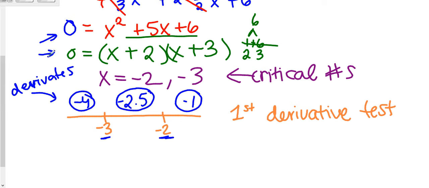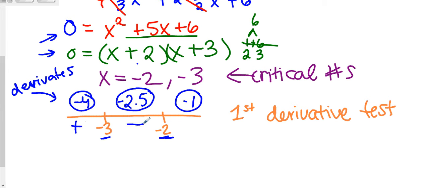When I plug in -4, I have -4 plus 2, which is -2, and then I have -4 plus 3, which is -1, so this will give me a positive number. When I plug in -2.5, -2.5 plus 2 is a negative number. -2.5 plus 3 is a positive. A negative times a positive is a negative.